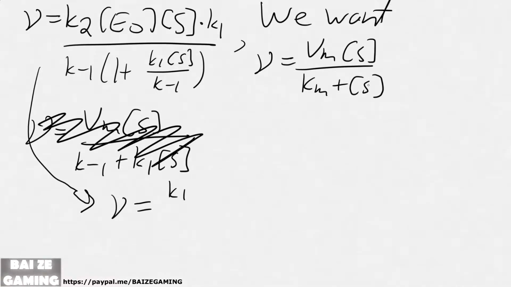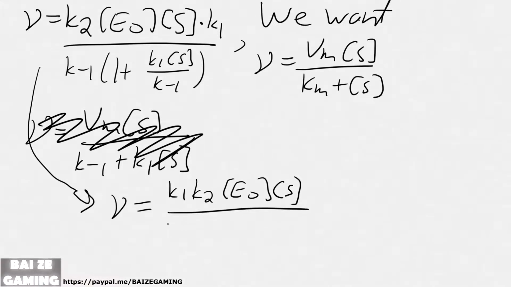What we want is this form, so you'll see that we have to divide both sides by that. And we multiply that inwards. And so what we end up doing is dividing both the numerator and the denominator by K1.